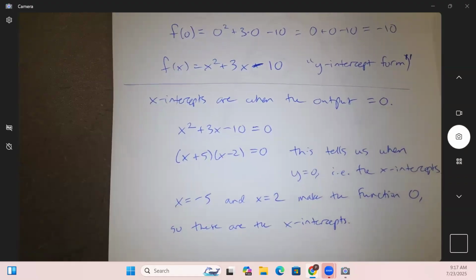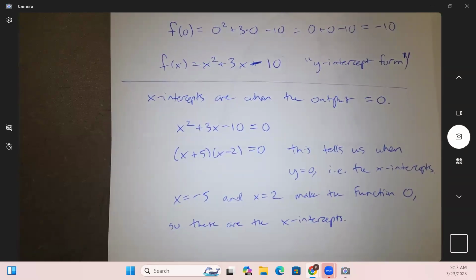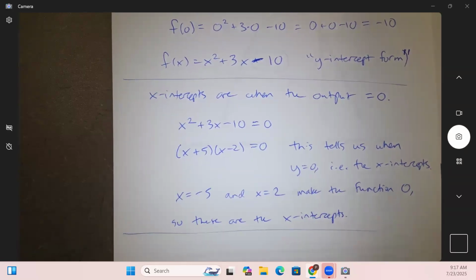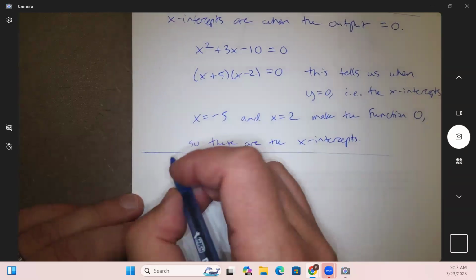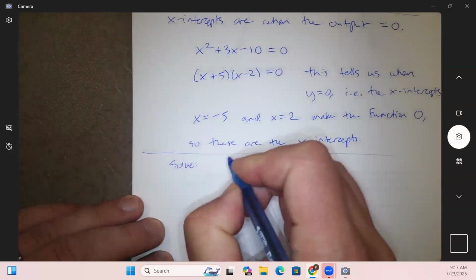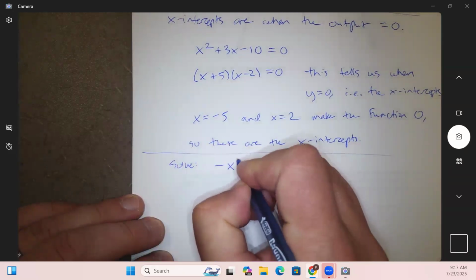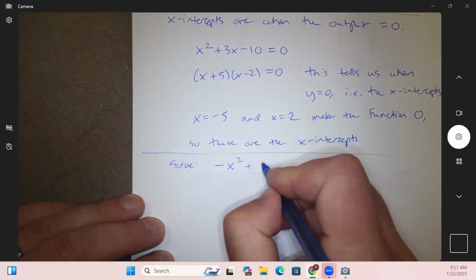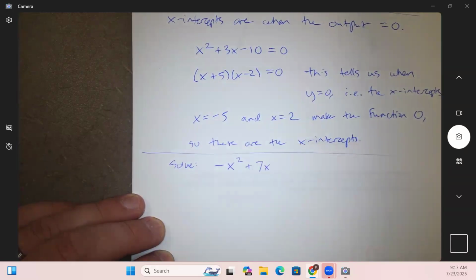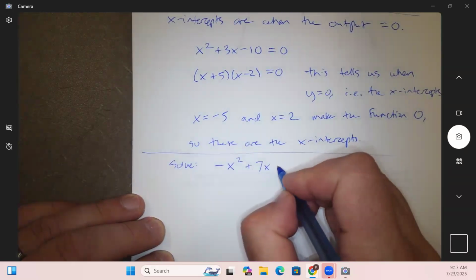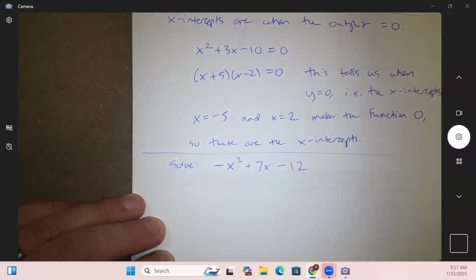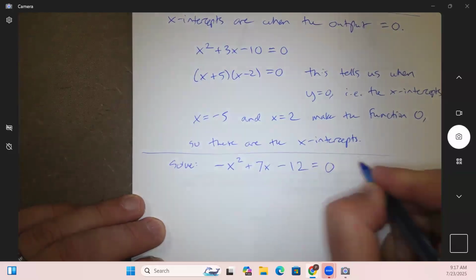Let's do another one. All right, so solve negative x squared plus 7x minus 12 equal to 0.